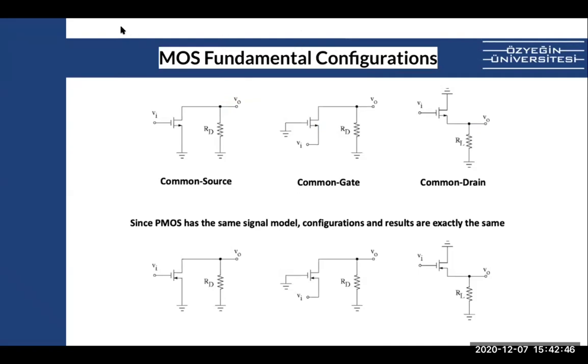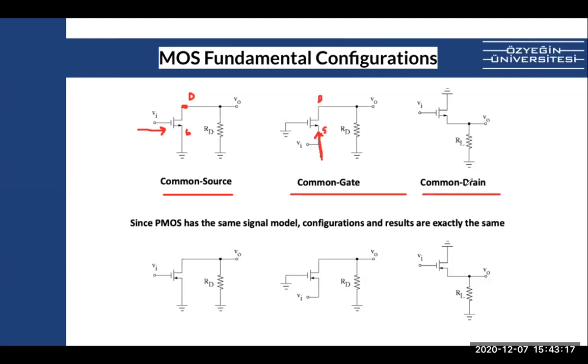So there are 3 different configurations: common source, common gate, and common drain. Common source means you put an AC signal into the gate and you get the output from the drain. Common gate means you place an AC signal at the source and you get the signal from the drain.